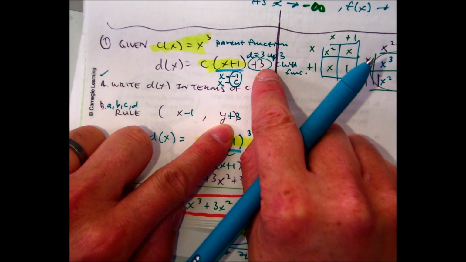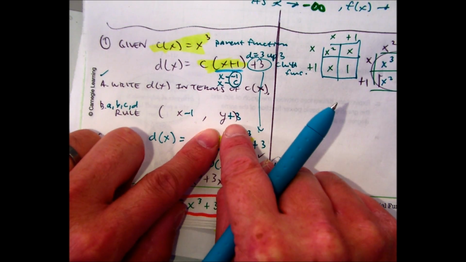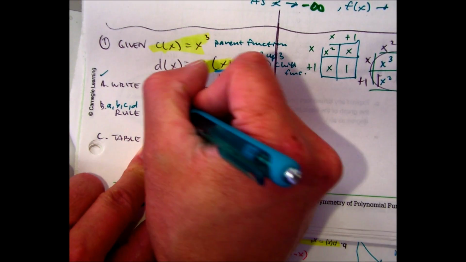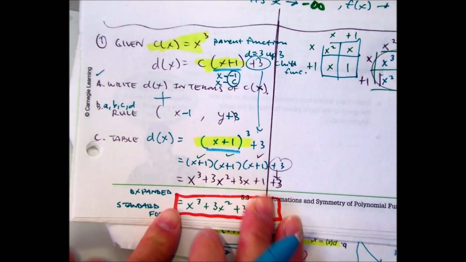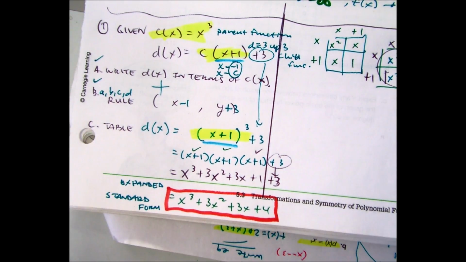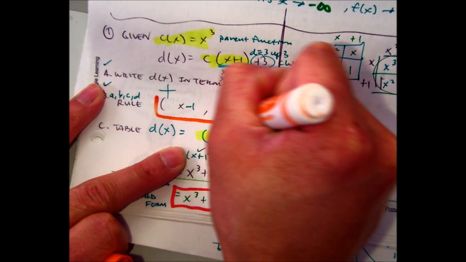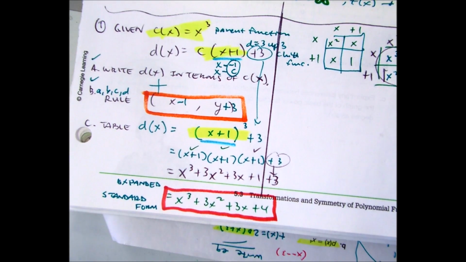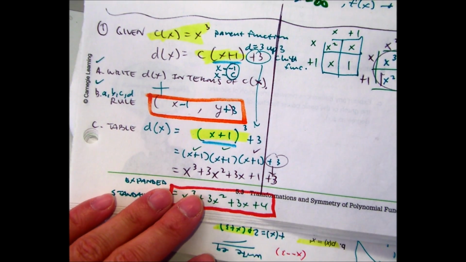Because the d value makes it go up and down, that's the y values. This one goes left to right, that's the x-axis. Does that make sense? Okay, so we just created a rule, and this is our rule. Parentheses x minus 1 comma y plus 3.